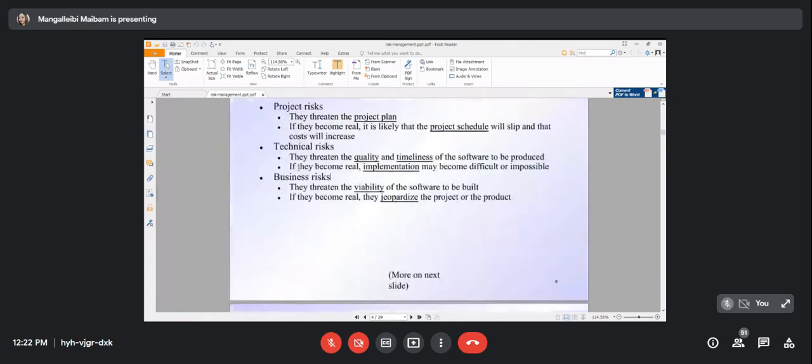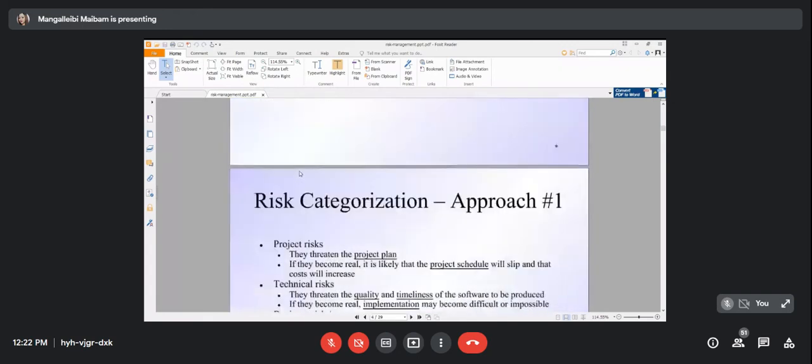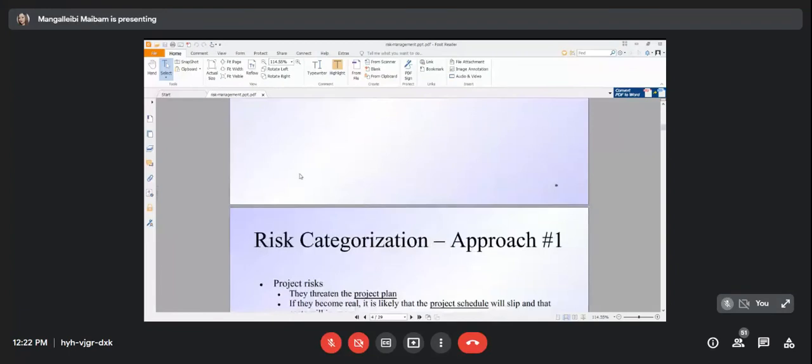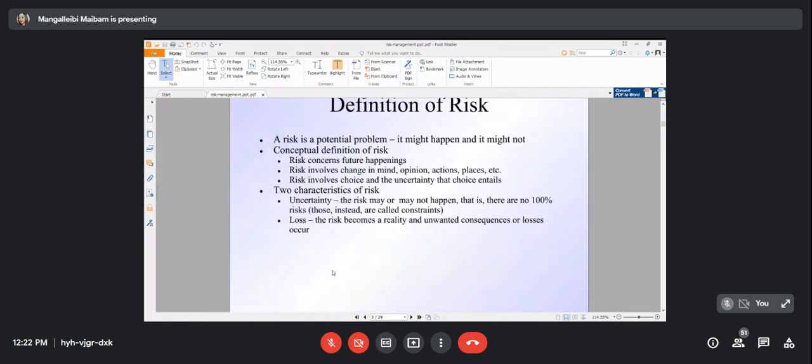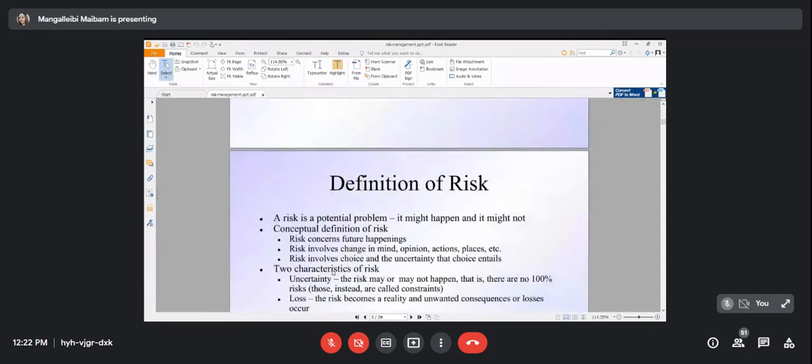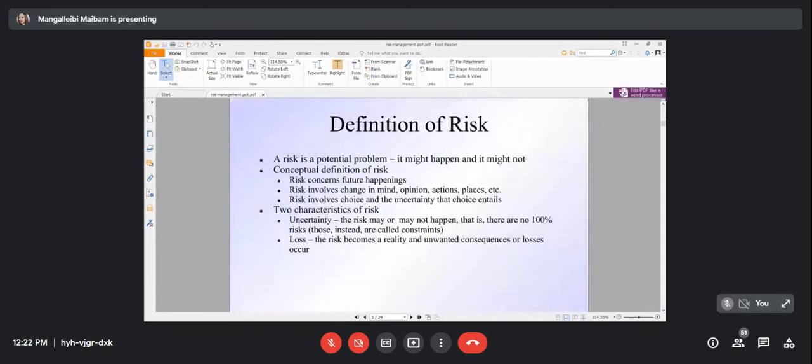These are all the important categories of risk which we have to discuss before developing the product. Risk, as I told you, is a potential problem. This risk may happen or may not happen.